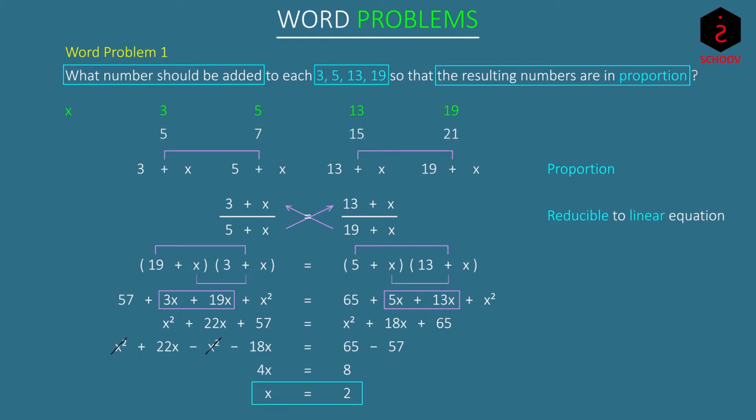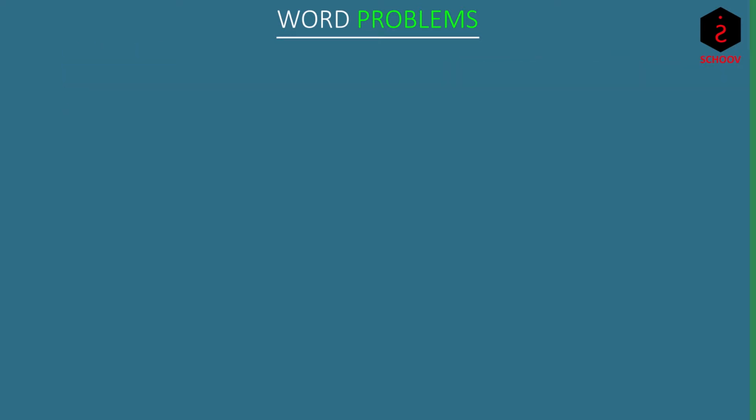Are they in proportion? Let's check. So 5 by 7 and 15 by 21. And 15 by 21 can be reduced to 5 by 7, divide by 3. So yes, they are in proportion. Answer is correct. Next problem.